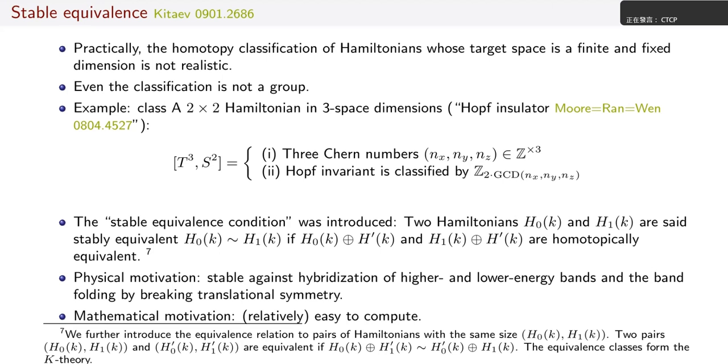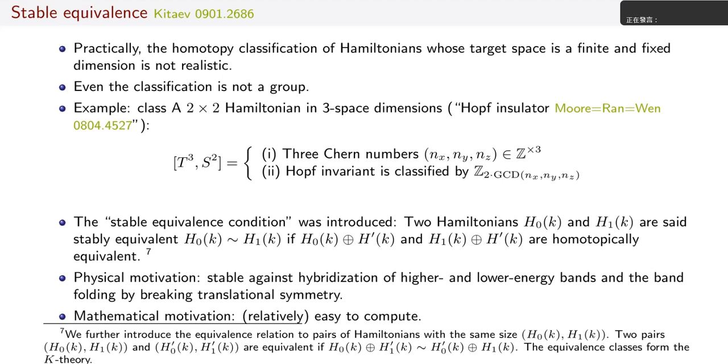The point is that two Hamiltonians H0 and H1 are said to be stably equivalent if there is an additional Hamiltonian H', such that H0 plus H' and H1 plus H' are homotopically equivalent.